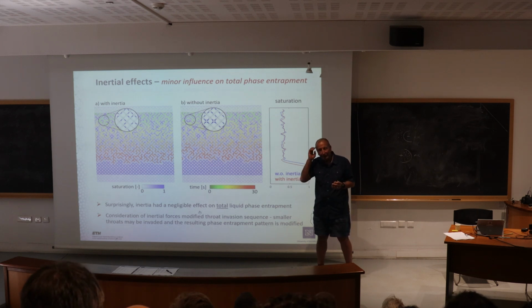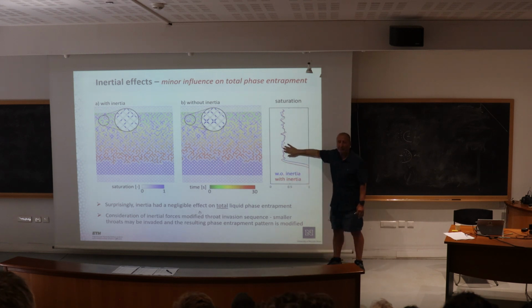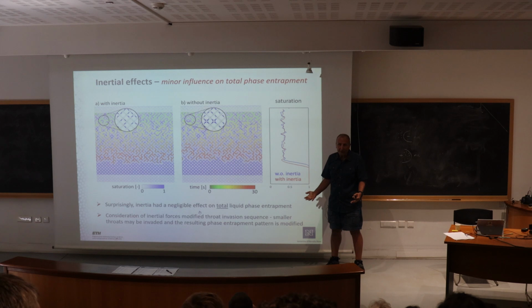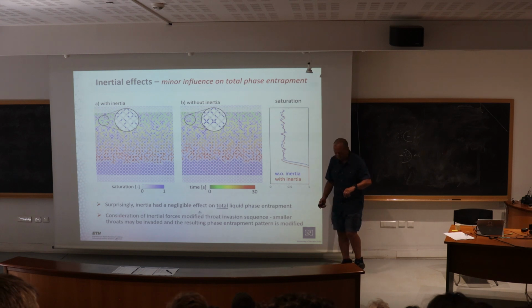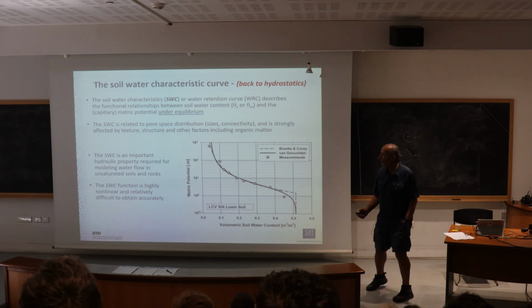It turned out that the addition of inertial forces did not, because it has two sides to the force. And so eventually what happened is that the entrapped saturation was similar with and without inertia. It was a huge disappointment, obviously, but on the other hand, it kind of clarified the role of inertia in this displacement phenomena. Okay, I have to speed up a little bit.